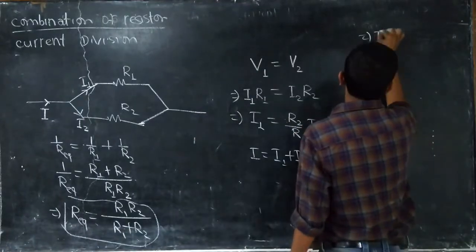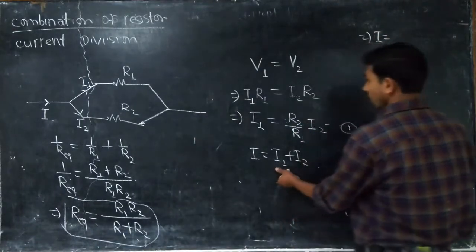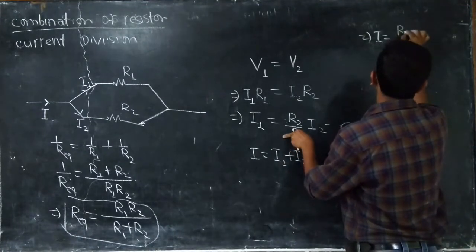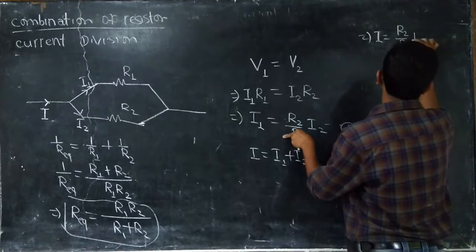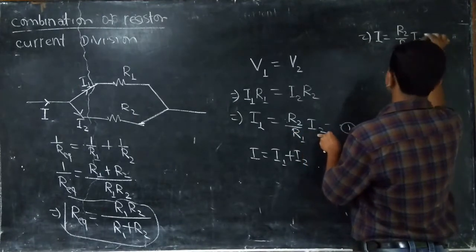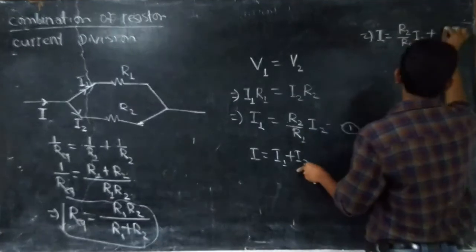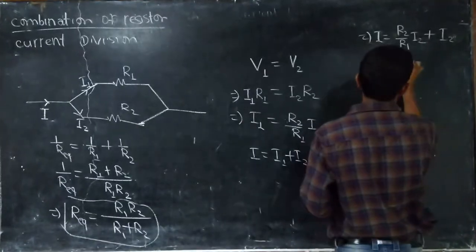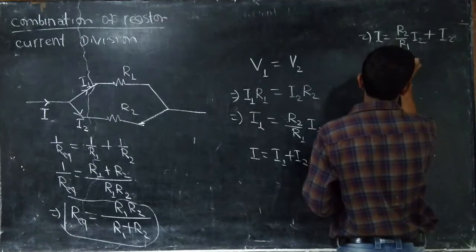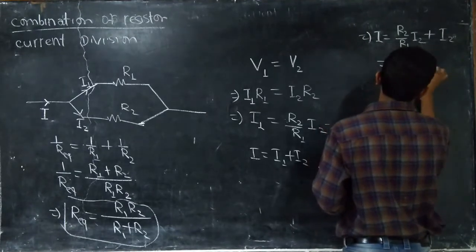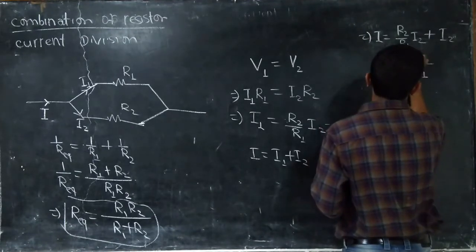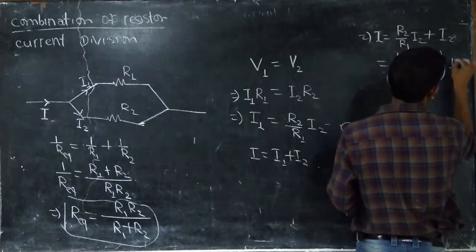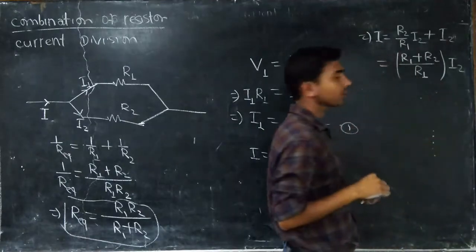And I1 is this much, R2 by R1 into I2, plus I2. So here we can take I2 common. If I take I2 as common, inside the bracket we have R1 plus R2 by R1, into I2. We are able to write like this, okay?